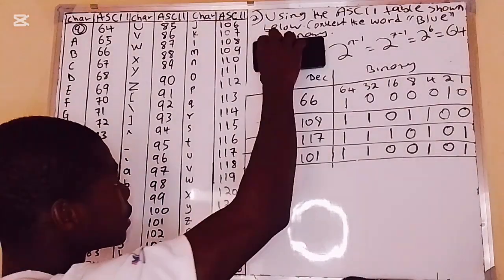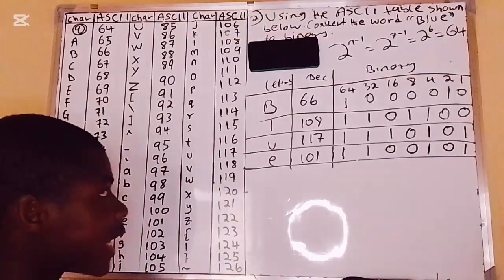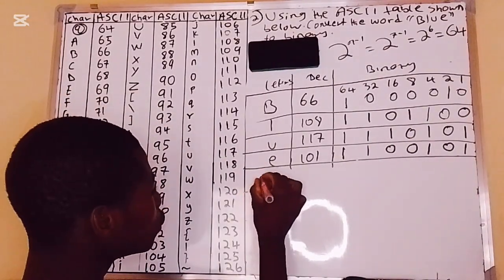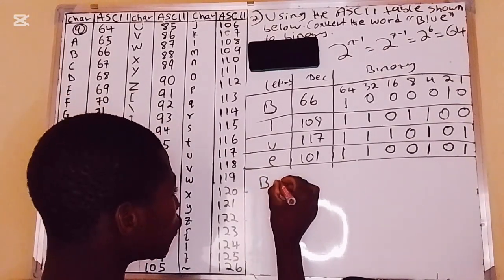The next thing is that you have to say, so therefore, blue to binary.